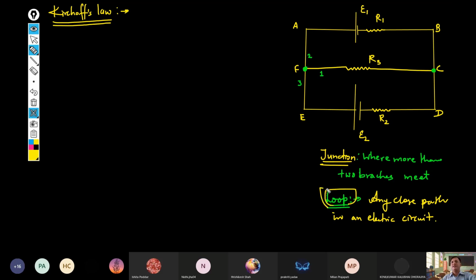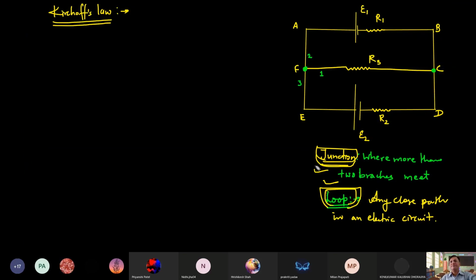I hope everyone is clear regarding the two definitions of junction and loop. Yes or no? Tell me.